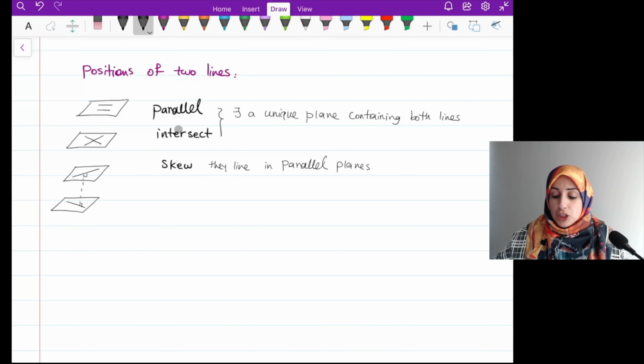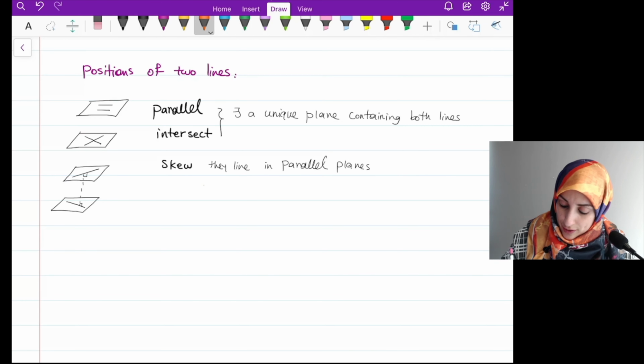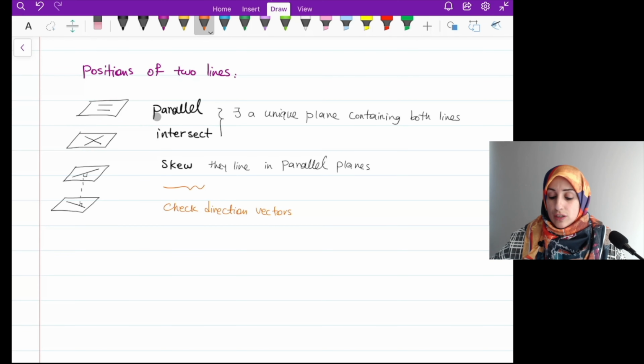Okay, how can we check? You just need to check the direction vectors for each one of them. If the direction vectors of the two lines are parallel to each other, it means these two lines are parallel.